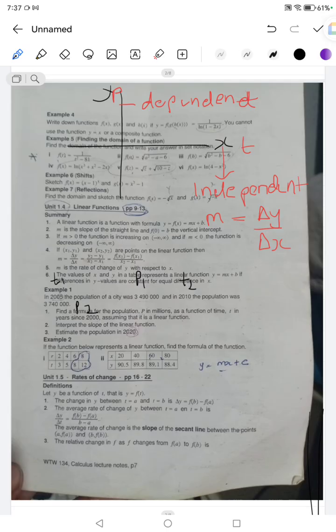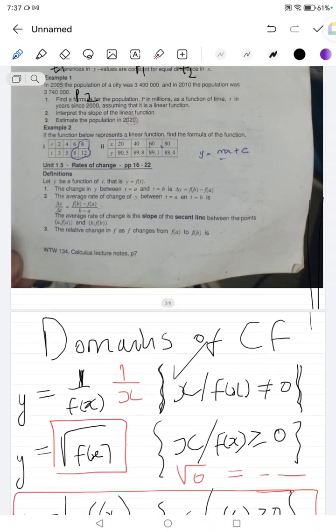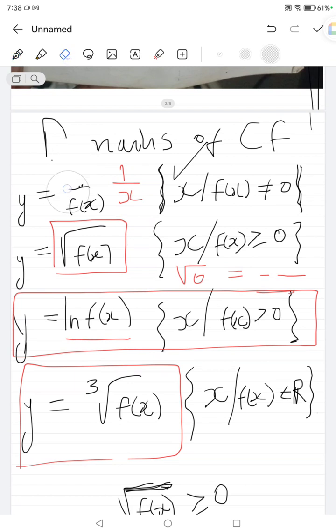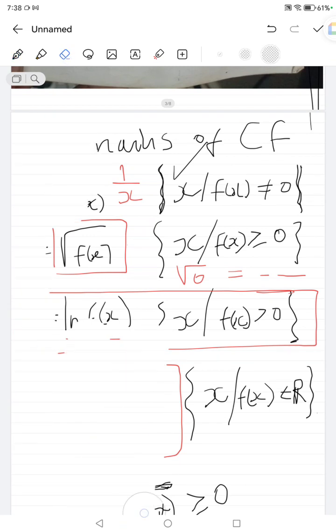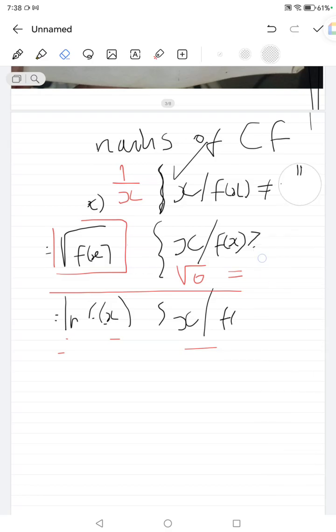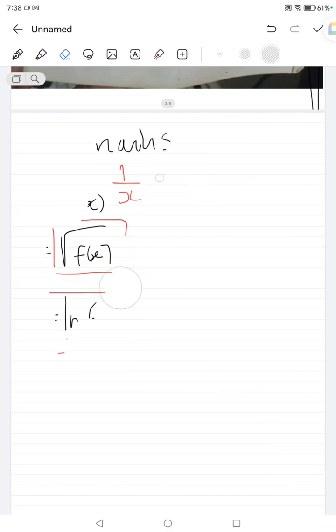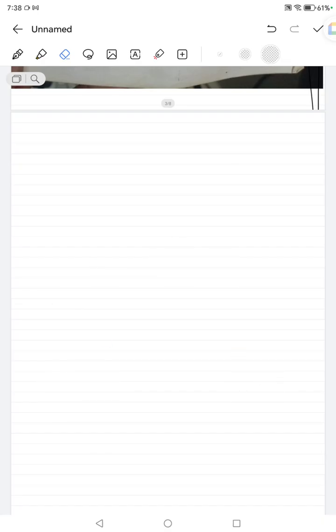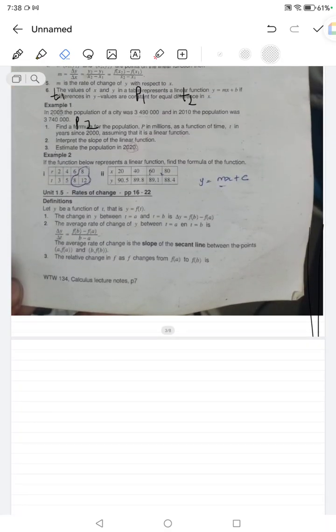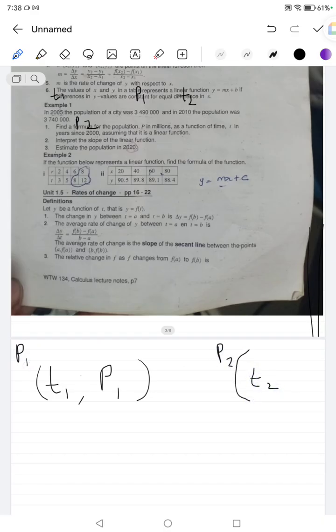So let me just write them this side so that you see exactly what I'm talking about. In that order, in our point 1 we're going to have t1, then a p1, and then point 2 we're going to have the t2 and the p2.